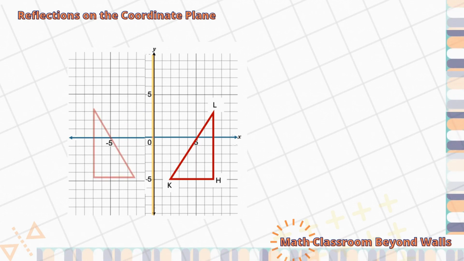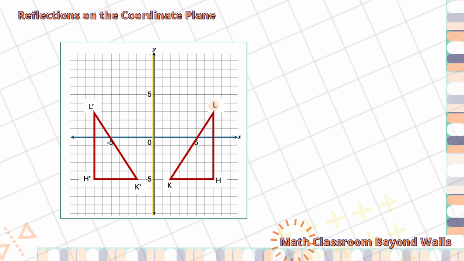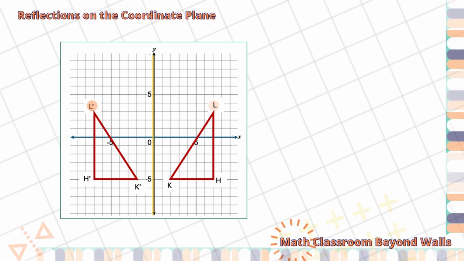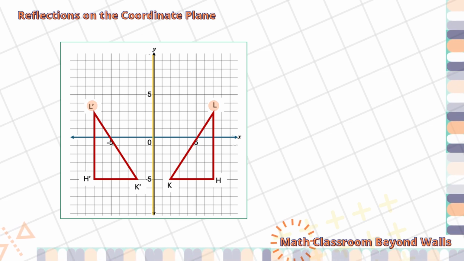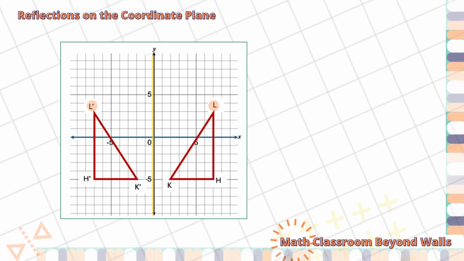How do we know that? If we look at the corresponding points L and L prime and check how far is each point from the line of reflection, you will see that the distance is the same. You can count on the grid to check for this.